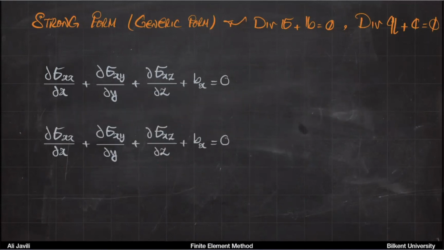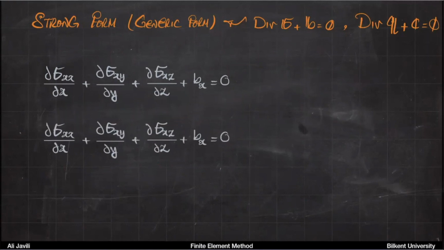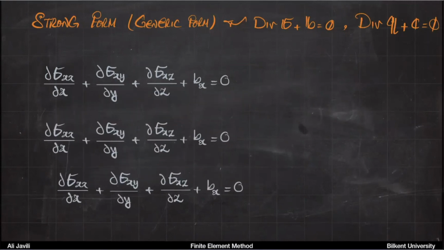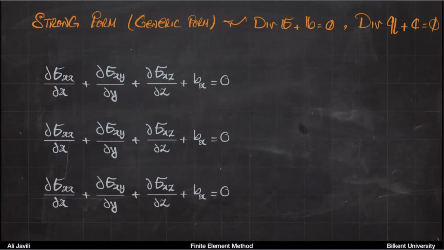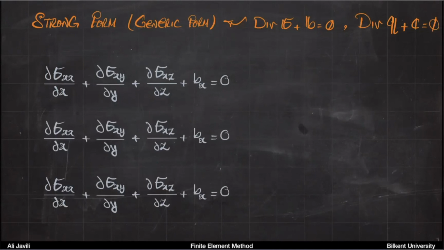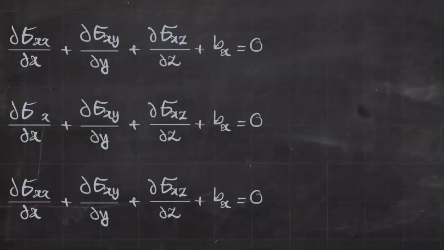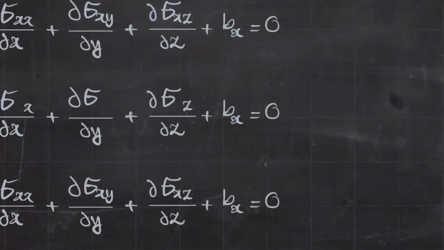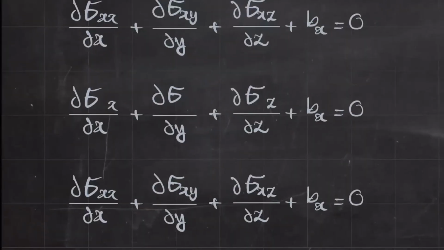And then you would have 3 of these. So I'm going to just duplicate and write them like this. All I have to do is to take care of these indices. So the first index is changing only.